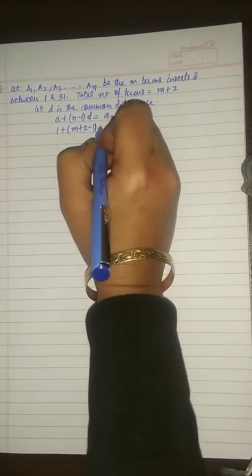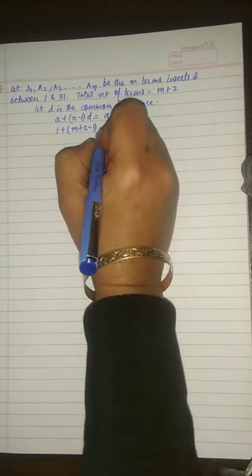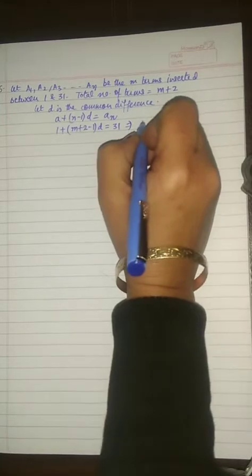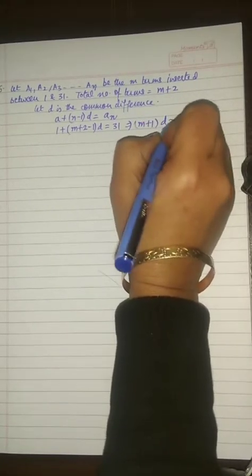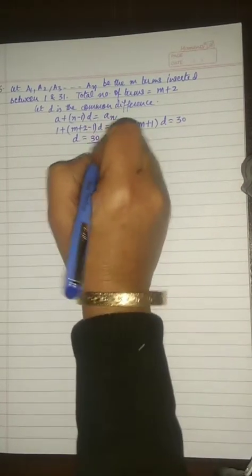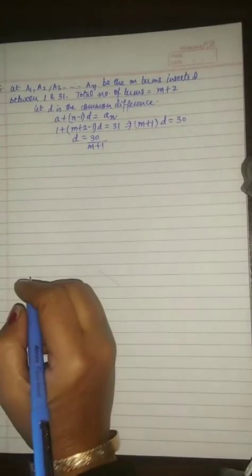So a is here 1 and n is m plus 2, because the total number of terms is m plus 2, minus 1, and the difference d we have to find. An is 31, so it will become (m plus 1)d is equal to 30, or you can say d is equal to 30 upon m plus 1. Now we got the value of d.